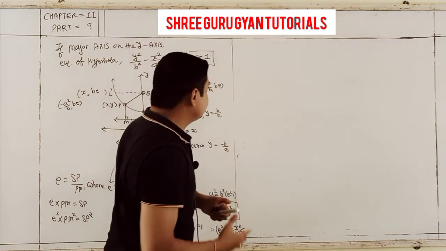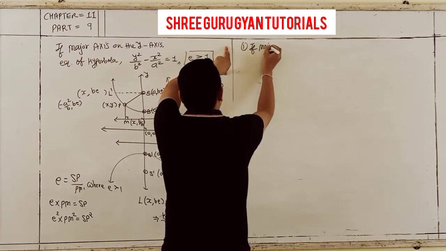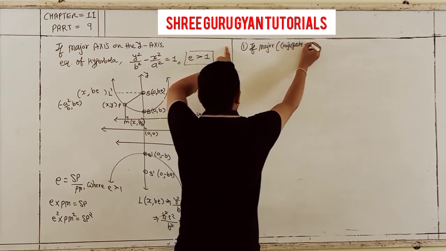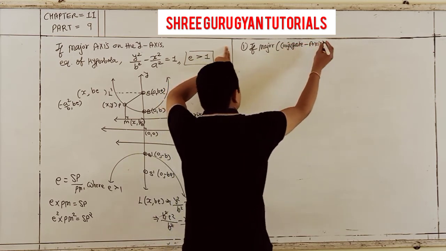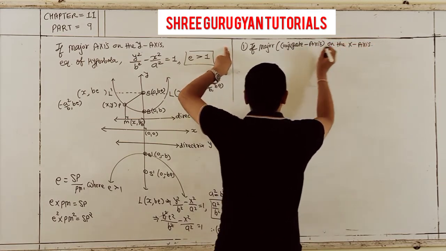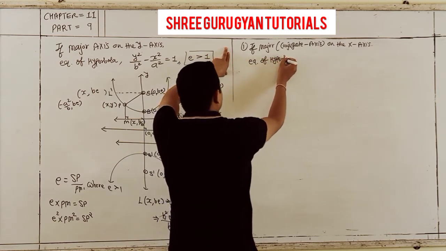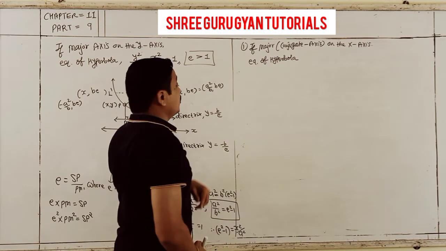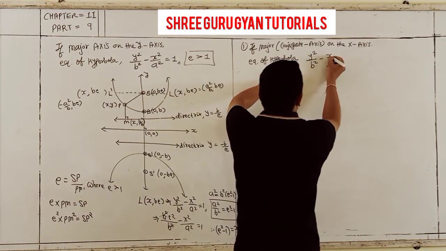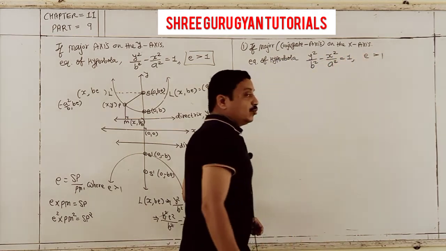So first one: if you measure the conjugate axis on the x-axis, then the standard equation of the hyperbola is y square by b square minus x square by a square equal to 1, e more than 1.